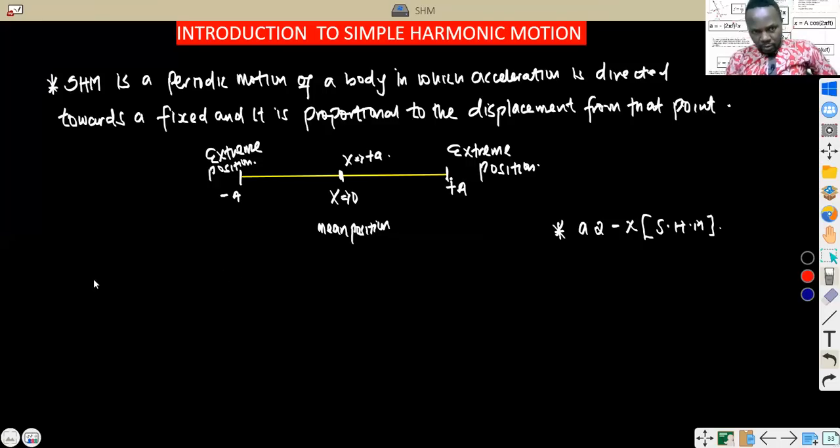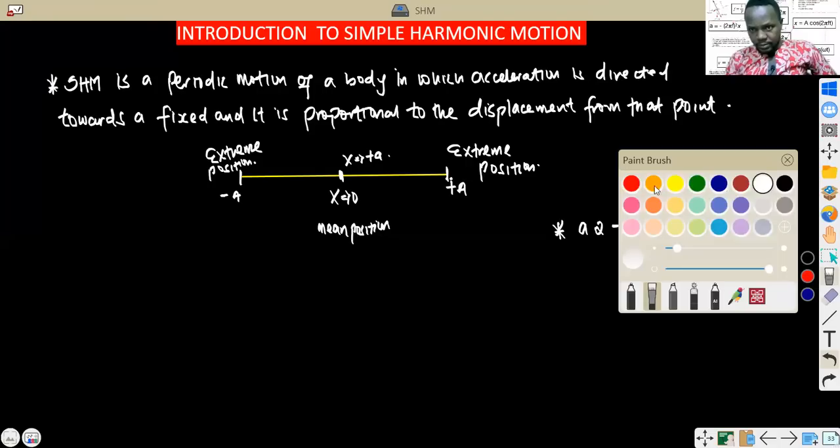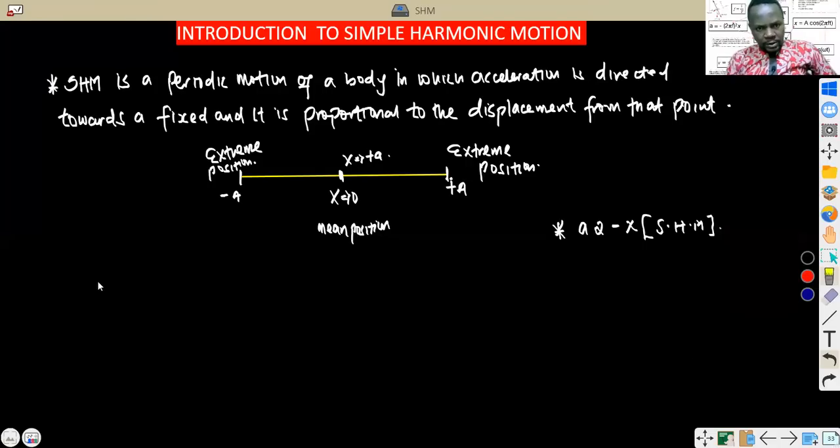So we can bring some conditions which I believe are needed for SHM. For a body to undergo SHM, the following conditions must be met. The first condition you can keep at the back of your mind is that the acceleration of the body must be proportional to the displacement. Very important.